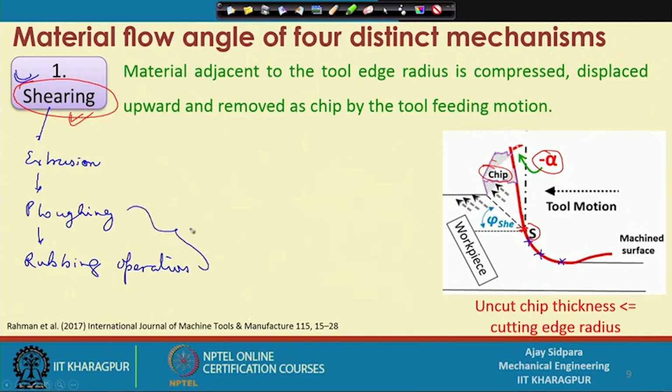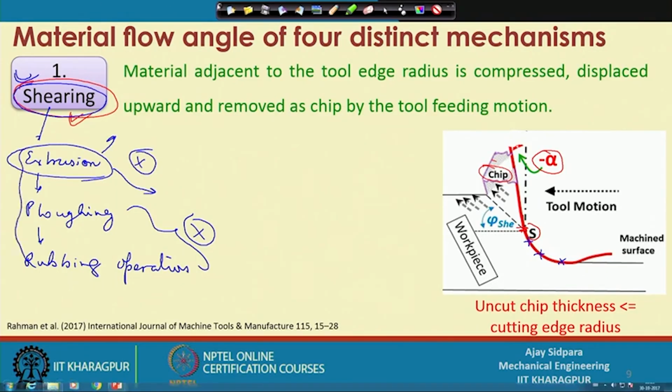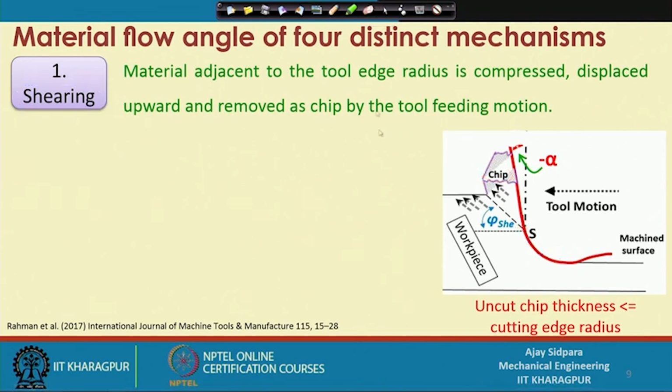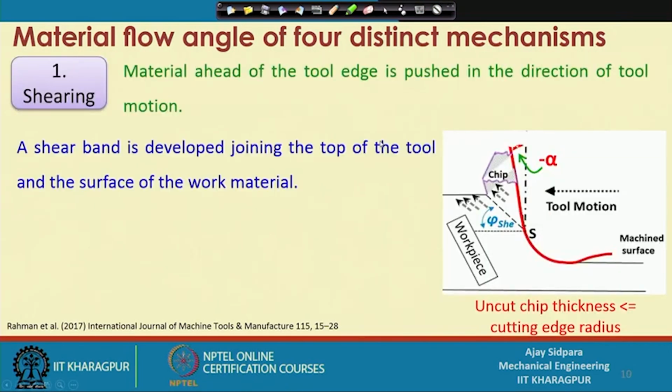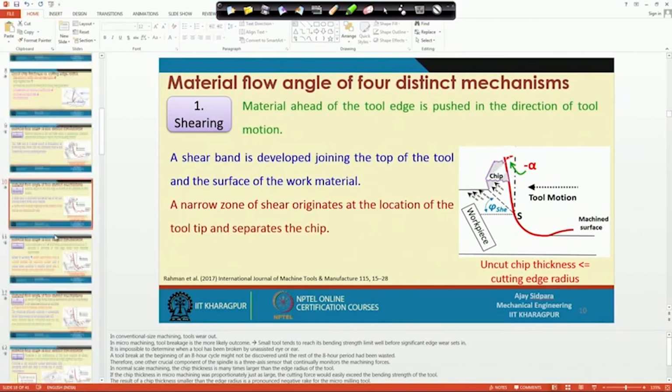These 2 things should be completely avoided, and in this particular extrusion case also you may get a small amount of chips and some of the material will be extruded through the workpiece. So, this should also be avoided. Our objective is to do machining through the shearing mechanism, but not through the extrusion, ploughing or rubbing operation. So, let us continue further.